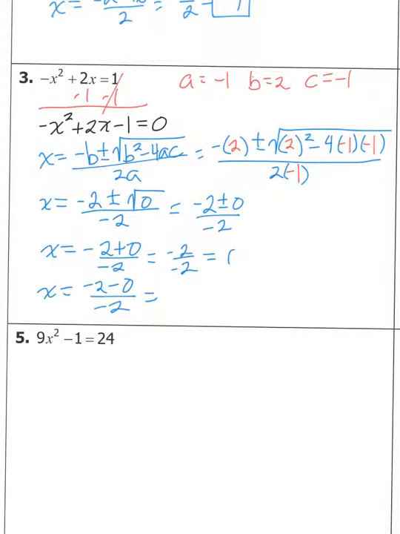Here, -2 minus 0 is again -2, still divided by -2 is 1. So you really only get one solution, x equals 1. Because both solutions are the same, you only have to write it once. This is called a double root because you've got two roots that are the same, giving you x equals 1.